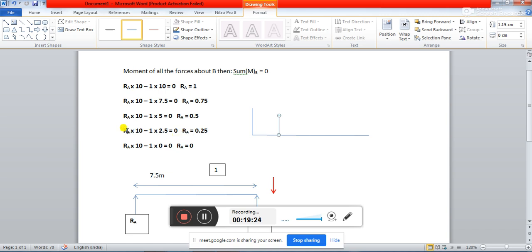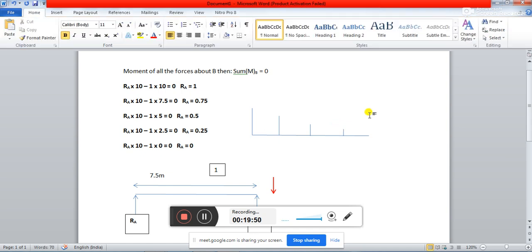When you reach a distance of 5 meter, you have a value of 0.5. When you reach a distance of 2.5 meter from the support B, you have a value of 0.25, like this.